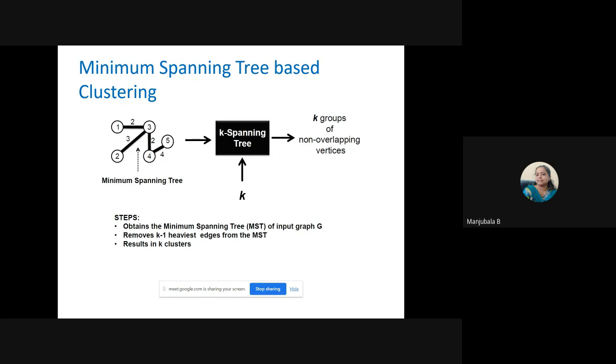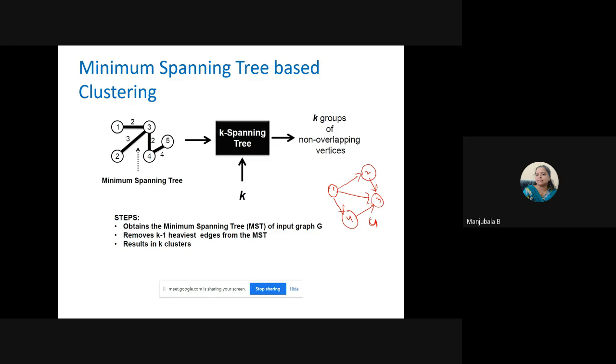First is minimum spanning tree based clustering. So what is a minimum spanning tree? Suppose we have a graph like this, with nodes 1, 2, 3, 4. This is a graph G, and we have to construct its minimum spanning tree.